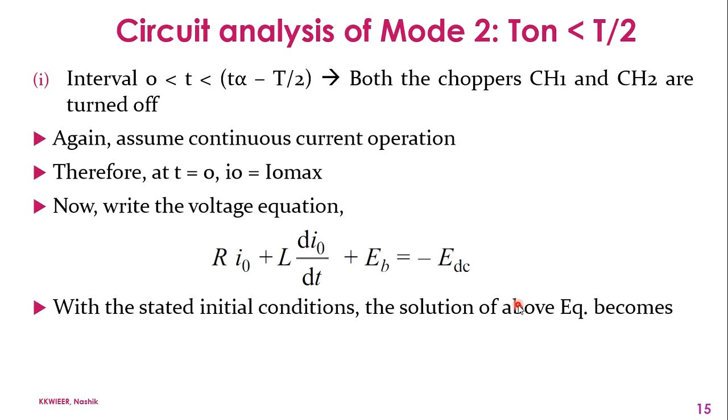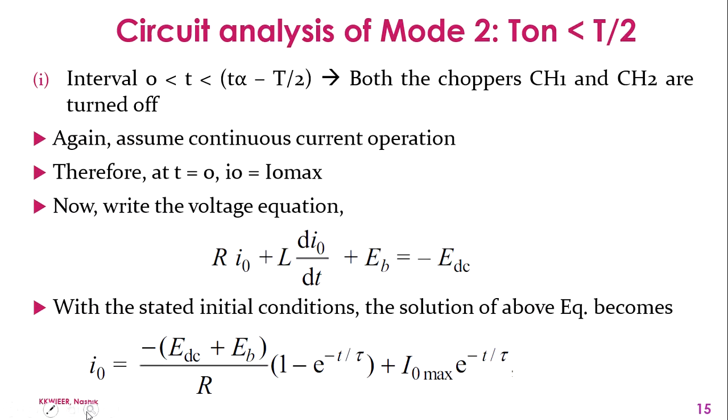With the stated initial condition, the solution for this above equation is given by the value of I0 as this, for T ranging from 0 to T alpha minus T by 2, which is our interval 1.